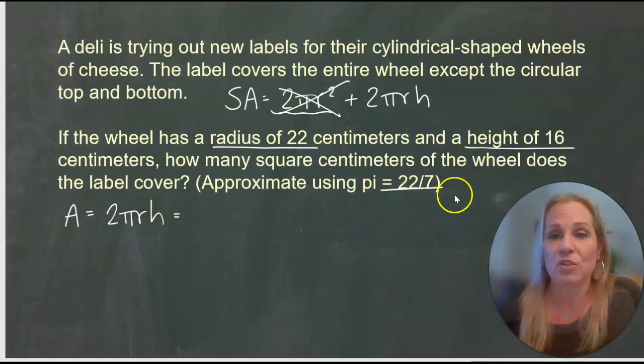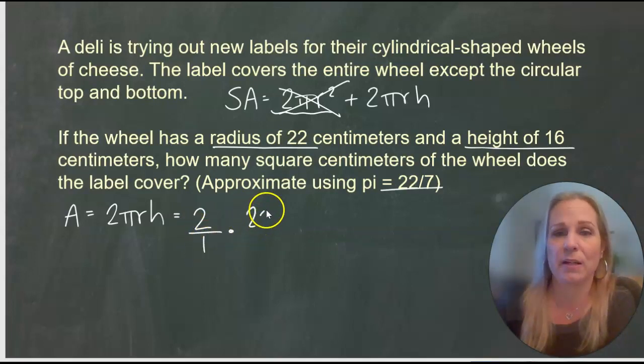And we're using a fraction for pi. So we've got 2. I'm going to put it over 1 since we've got a fraction for pi. Then we've got pi. Then the next thing here is r. So that is 22. And then h. So that is 16.